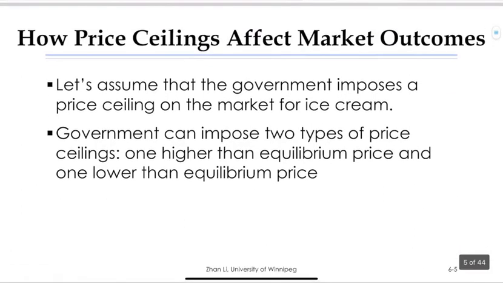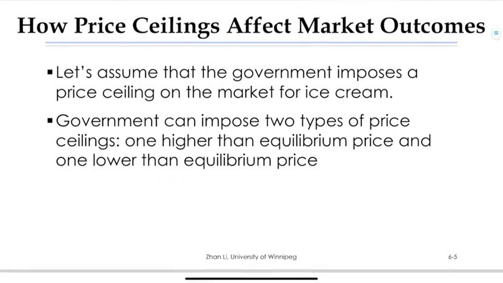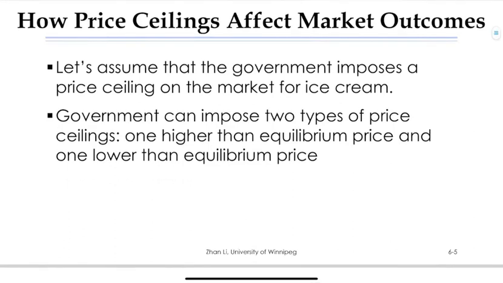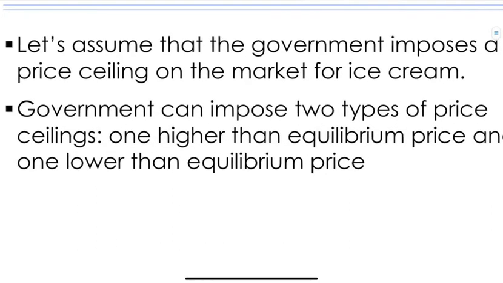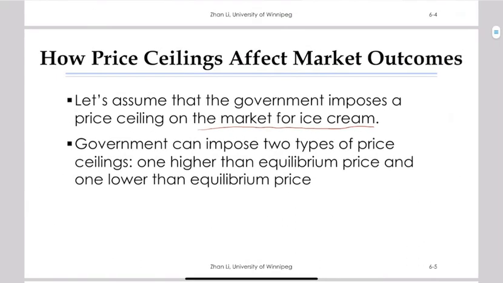Okay, now let's consider how price ceilings would affect the market outcomes. Here, market outcomes refer to market price and market quantity. So let's say we are looking at the market for ice cream cones. Now let's assume the government imposes a price ceiling.